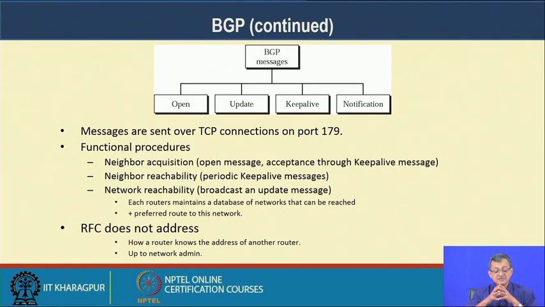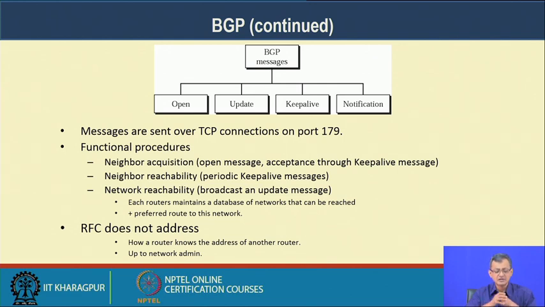Each router maintains a database of networks that can be reached, plus the preferred route to each network, so it can have a policy. So, using these four categories of messages, the BGP protocol updates the routing table to find the paths, right.